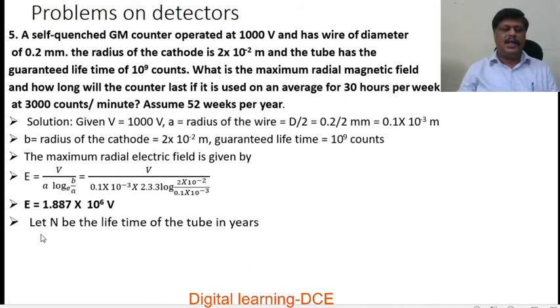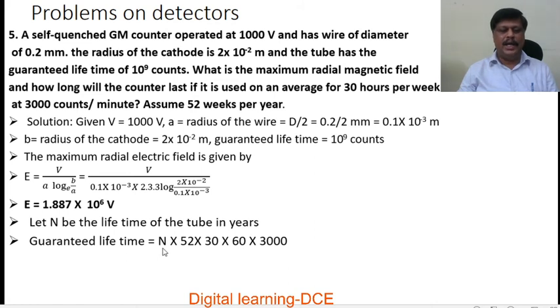Let capital N be the lifetime of the tube in years. Therefore, the guaranteed lifetime is equal to N into 52 weeks, and 30 hours per week. So 52 into 30 hours and into 60 per minute.